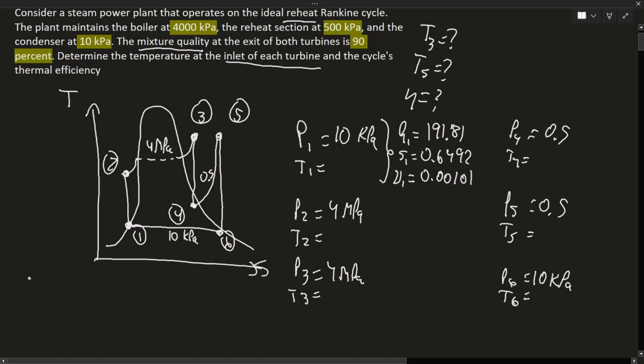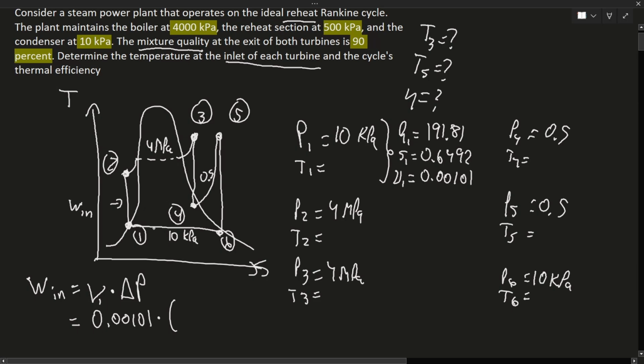Once you have all of these values, keep in mind that over here is Win. So we're going to use this to find H2. Win is equal to your specific volume times delta P. Usually you're going to use this for step 1 to 2 only, and a lot of reheat Rankine cycles use this. Okay. So we're going to use 0.00101.